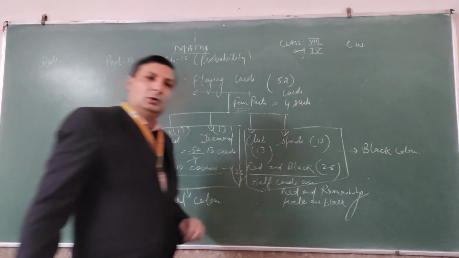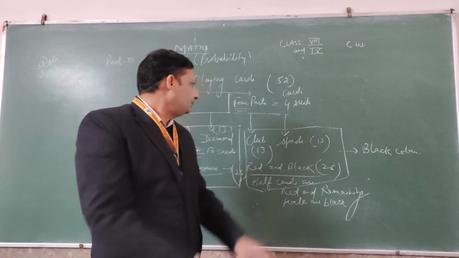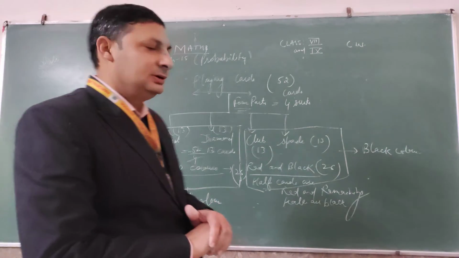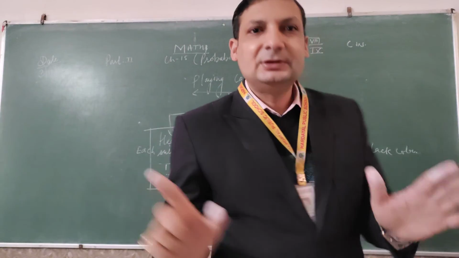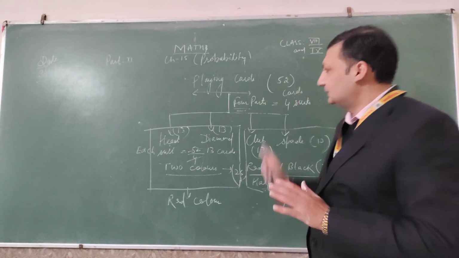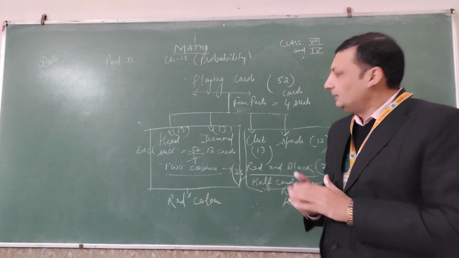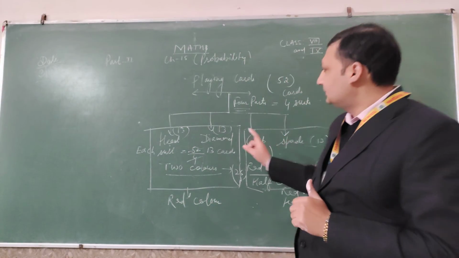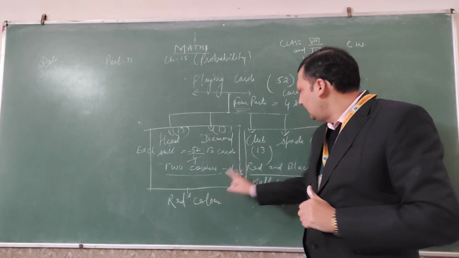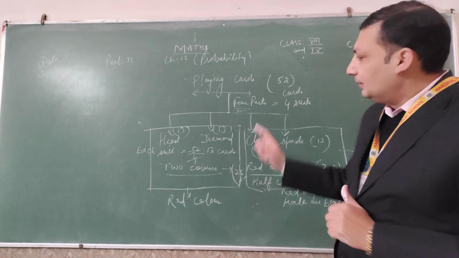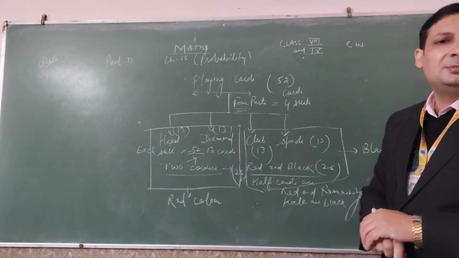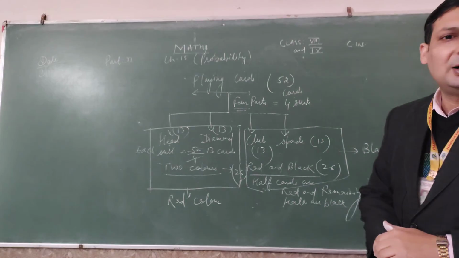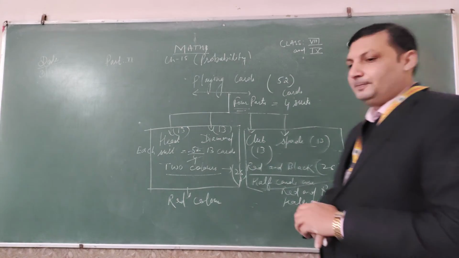So dear student, see what we have studied. We have discussed different types of cards, the total number of cards, and that cards are of two colors, one red and one black. The red cards are heart and diamond, and the black cards are club and spade.